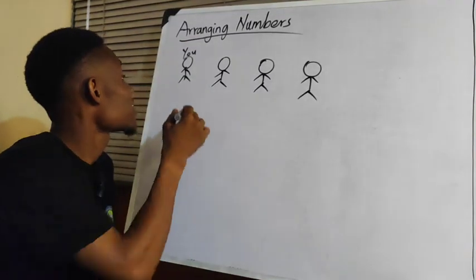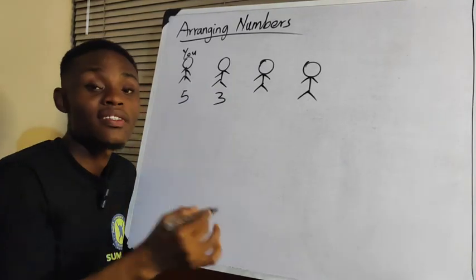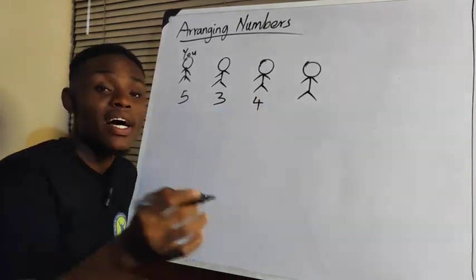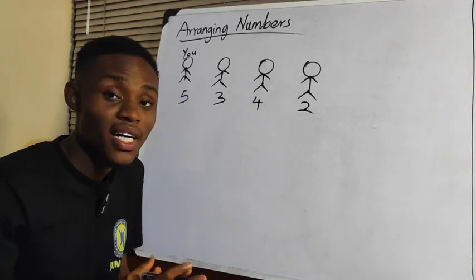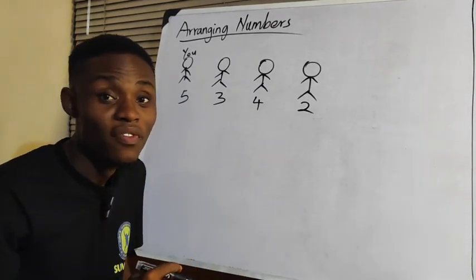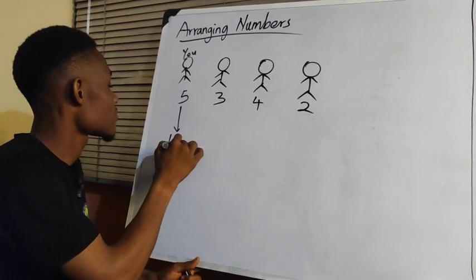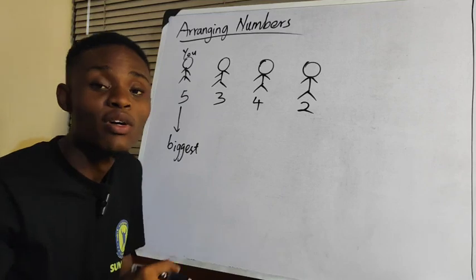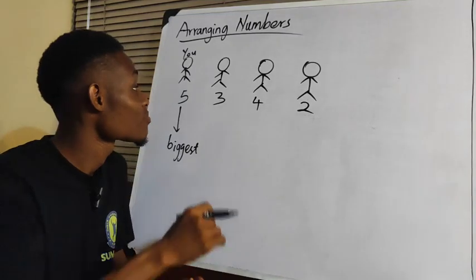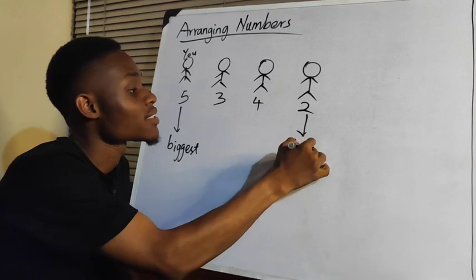Okay, let's say you take 5, you give this friend 3, you give this friend 4, and you give this friend 2. Who has the biggest amount of candies? You, of course, right? Good. So this is the biggest. Who has the smallest amount of candies? This friend, right? So this is the smallest.